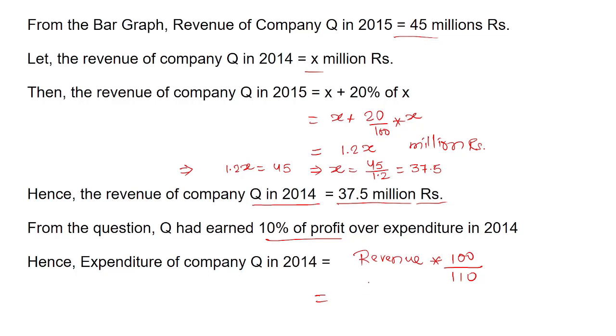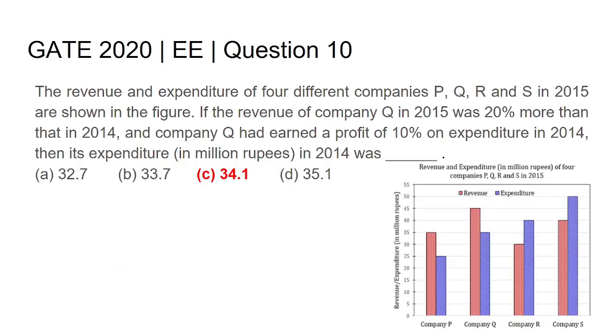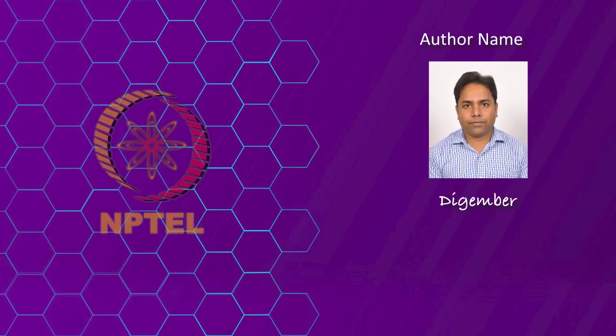Put the value of revenue of company Q in 2014, that is 37.5 million, multiplied by 100 and divided by 110. Further it is simplified and we obtain 34.1. Expenditure of company Q in 2014 is 34.1. So the answer of this question is option C, 34.1. Thank you.